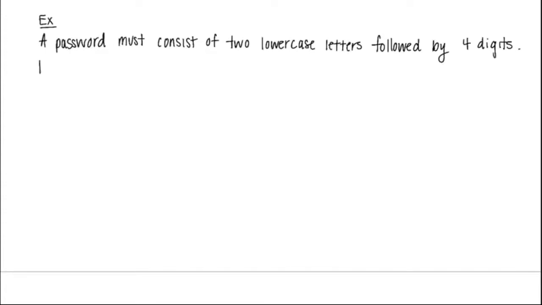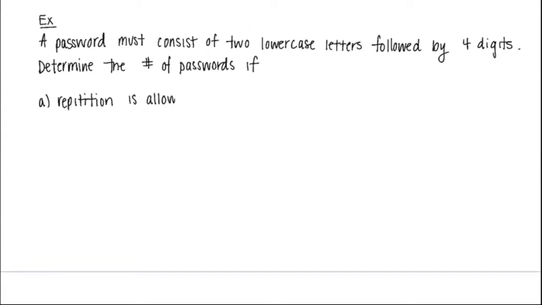We want to determine the number of passwords if first repetition is allowed. And so that means I can repeat a letter or I can repeat one of the numbers.